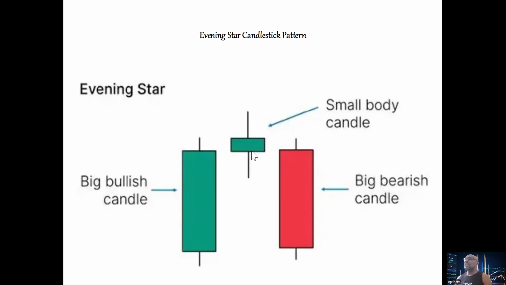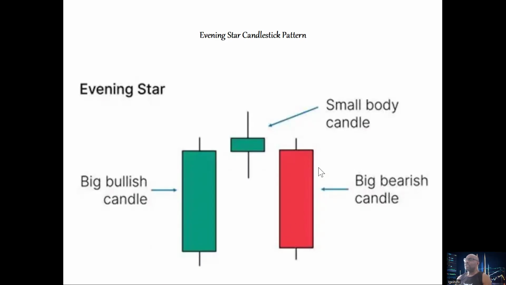So at the resistance level, you must make sure that you see this formation at a resistance level, not within the chart. It must form at a strategic level before it becomes a valid evening star. This is a bullish candle, this is a doji candle, then the bearish candle.